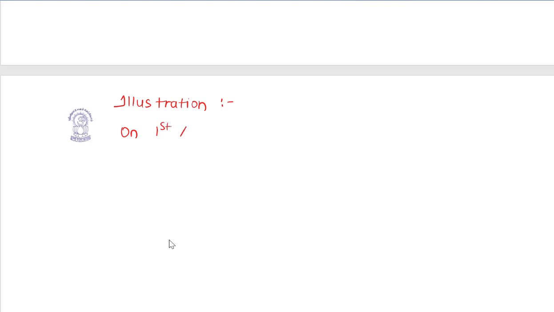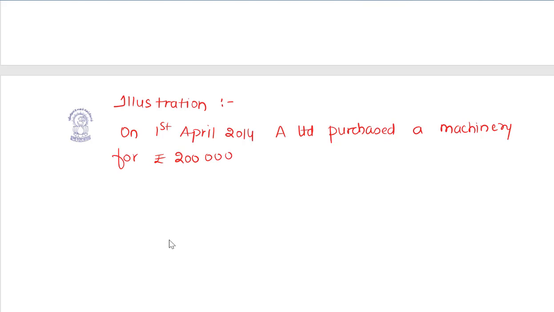On 1st April 2014, A Limited purchased a machinery for rupee 2 lakhs, and incurred rupee 14,000 towards freight and insurance.